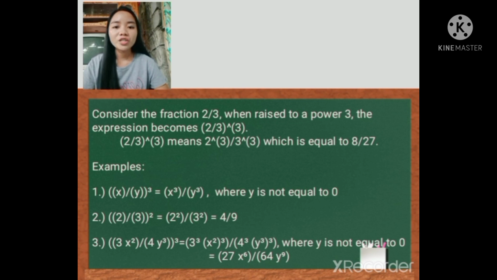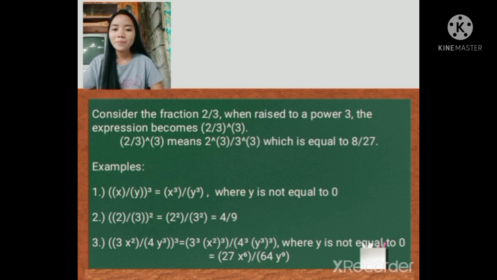The expression becomes 2/3 to the power of 3. Quantity 2/3 to the power of 3 means 2 to the power of 3 over 3 to the power of 3, which is equal to 8 over 27.